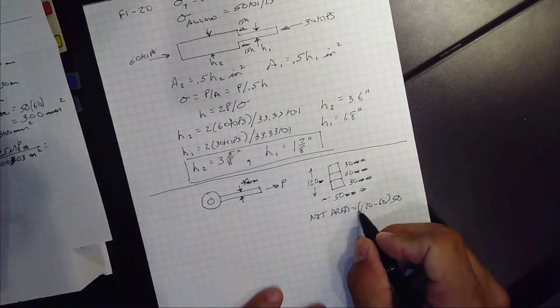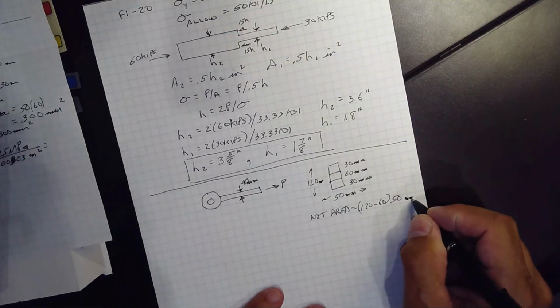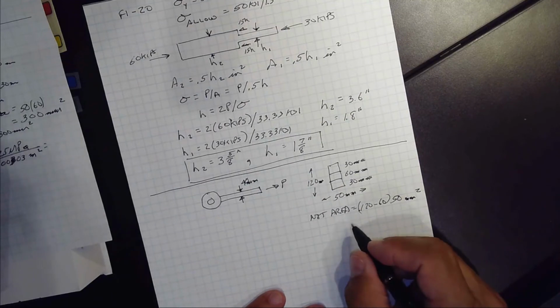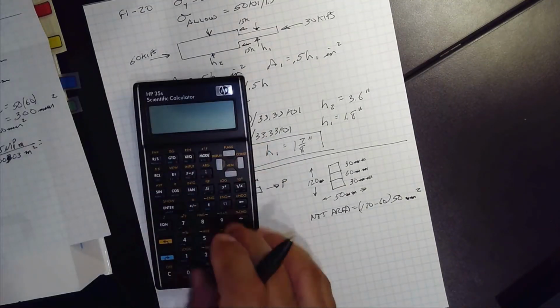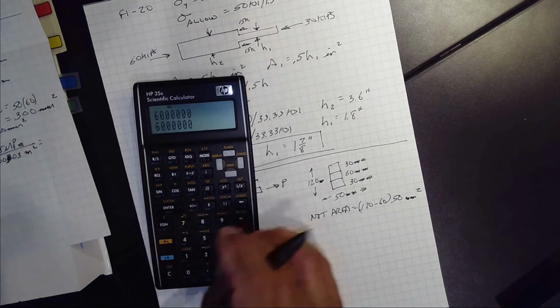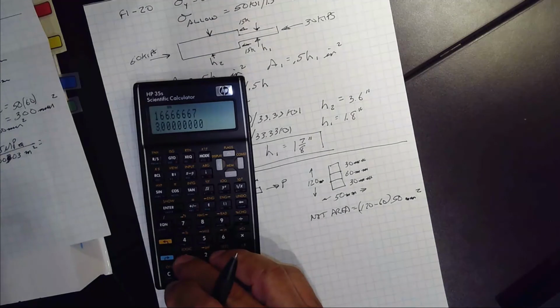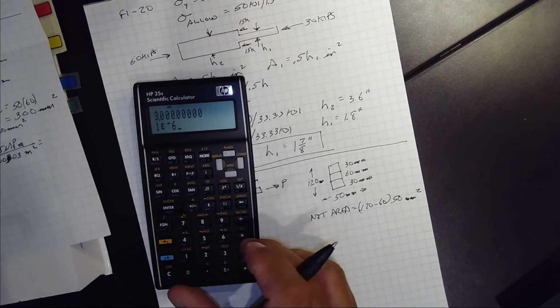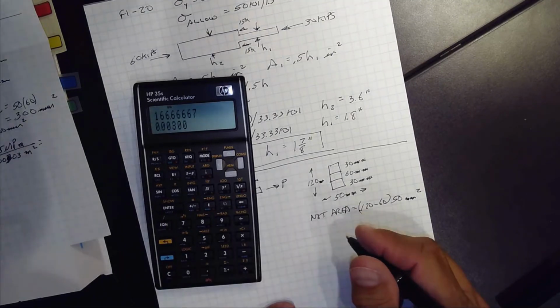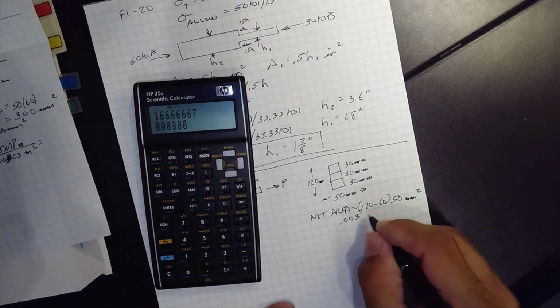So that's millimeters squared. So that's going to be 60 times 50 times 1e-6. So that's going to be 0.003 meters squared.